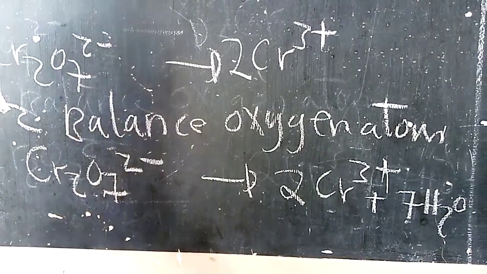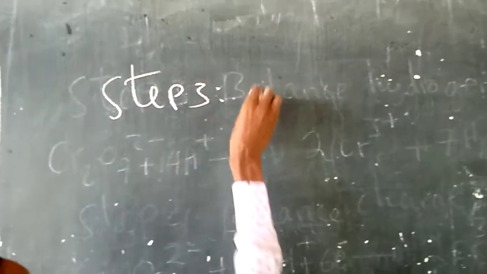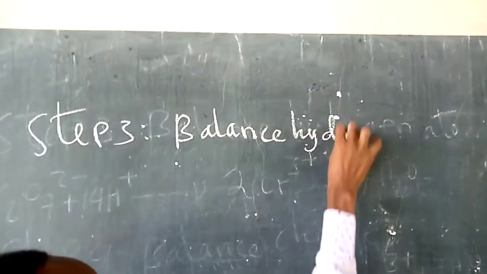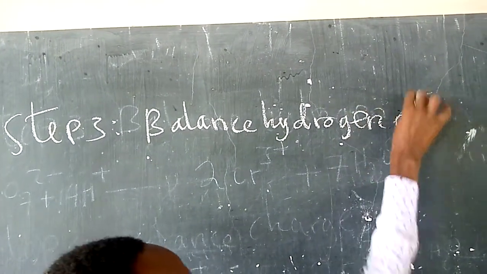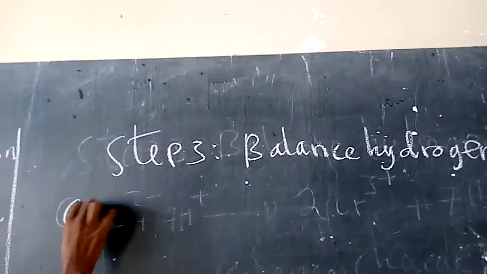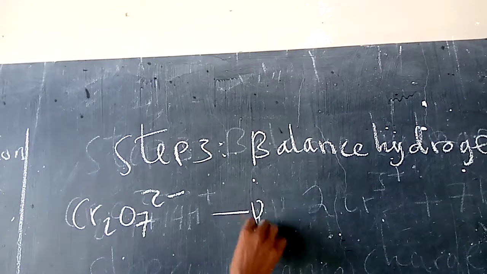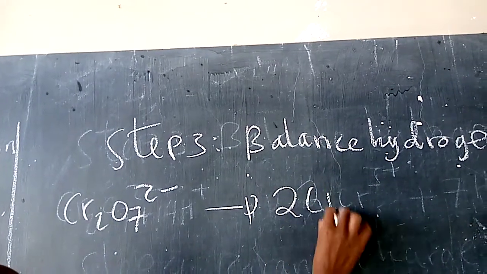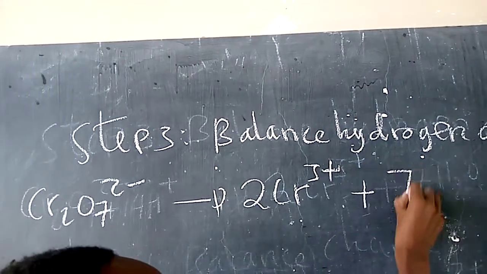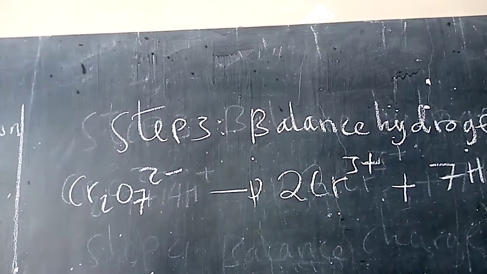So step 3. Step 3, balance hydrogen atoms. Take your equation, which is Cr2O7 2 negative, to get 2 Cr3 positive plus 7 water molecules.